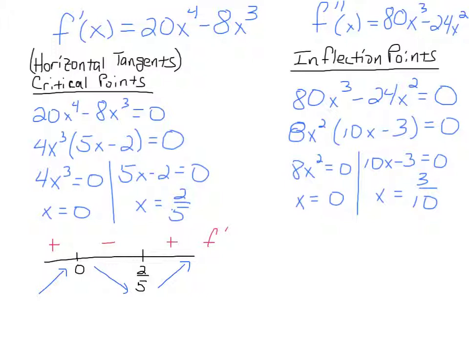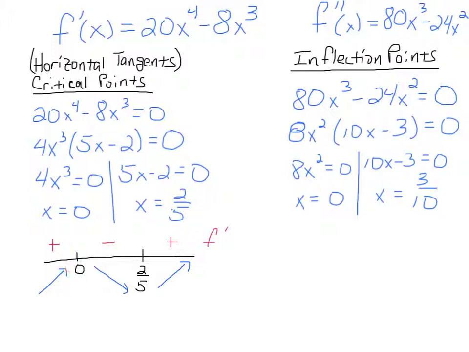Okay, so here we have the critical points. After using some test points or graphing the first derivative, you'll see that the first derivative is positive to the left of 0. It's negative between 0 and 2/5, and to the right of 2/5, it is positive. Well, that tells us that the original function must be increasing, because remember the derivative gives us the slopes of the tangent lines to the curve.